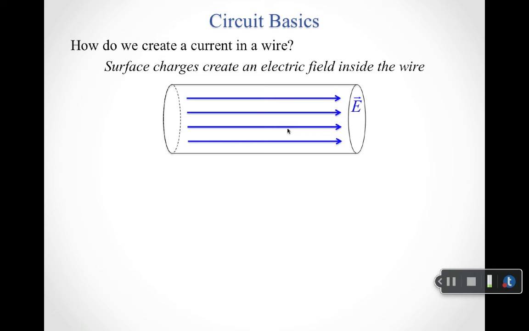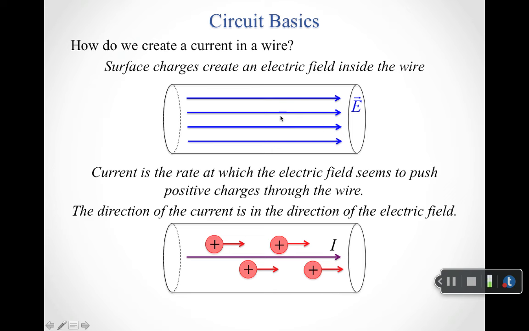My charges aren't moving. This is the opposite of that. So this is a situation where the surface charges are going to create an electric field inside my conductor, which will then drive current. So here I have electric fields within my conductor, and then the current is really just the rate at which the electric field seems to push positive charges through the wire.